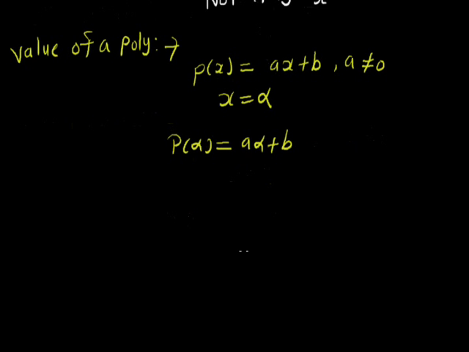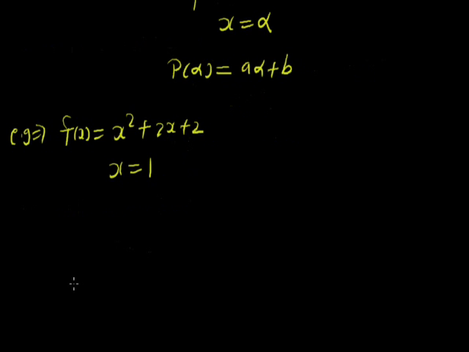If we look at an example of this, we are given a polynomial f of x is equal to x square plus 2x plus 2, and we have to find the value of this polynomial at x is equal to 1. This is our question. So how can we do this?